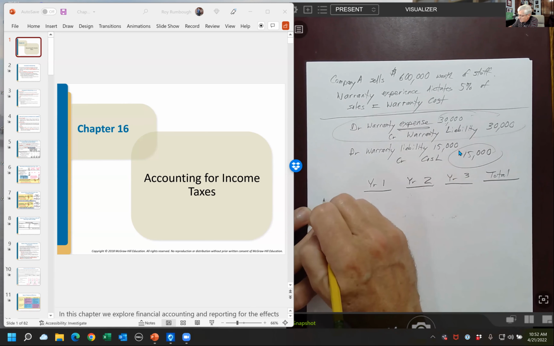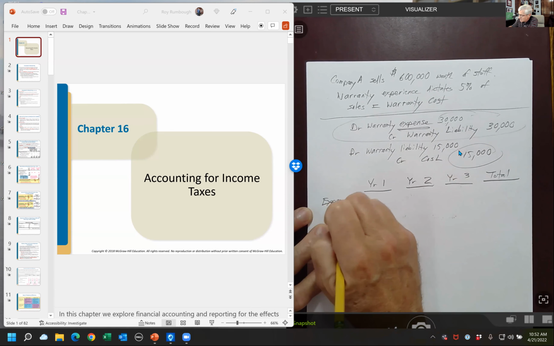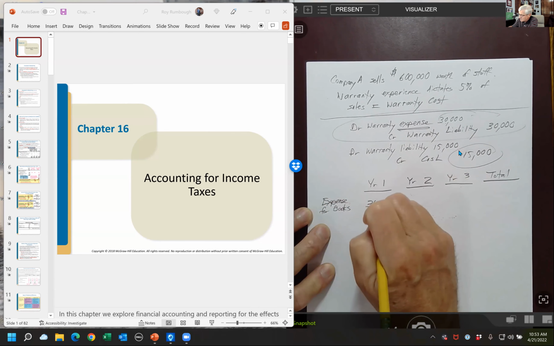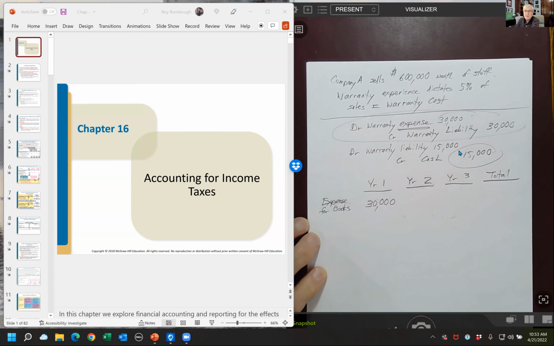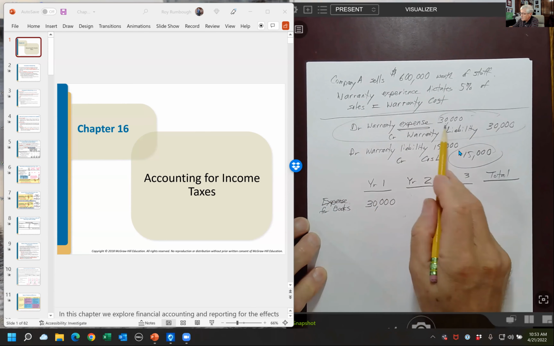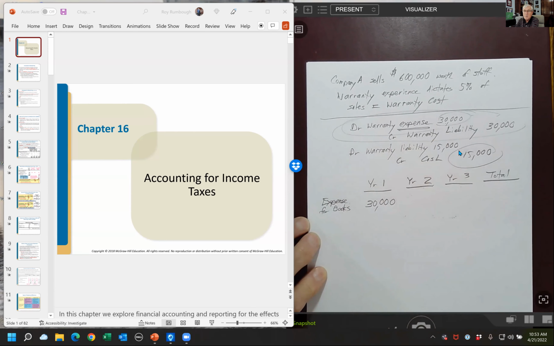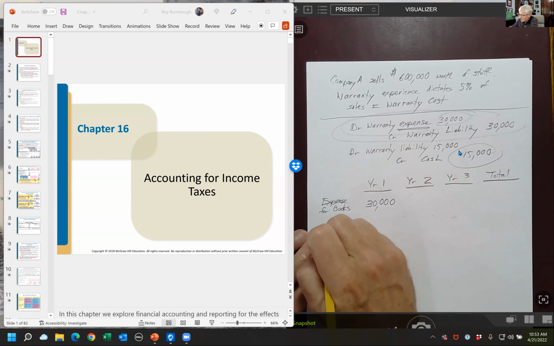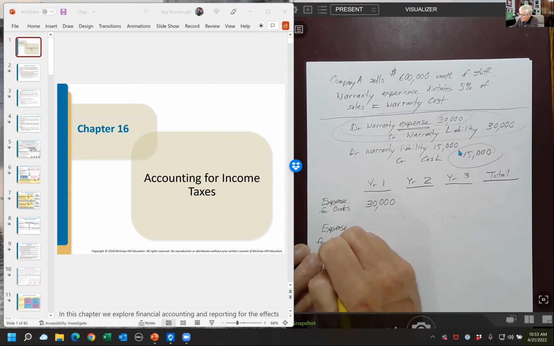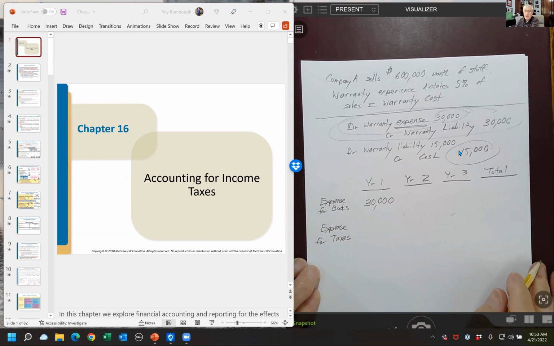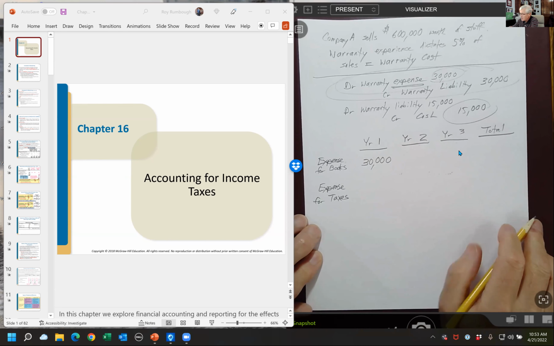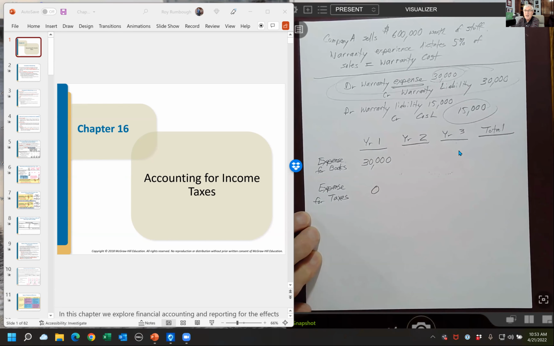So expense for books, 30,000 in year 1, because we recorded this entry, debit warranty expense. Expense for taxes, meaning on the income tax return. Year one, zero. They don't accept it.